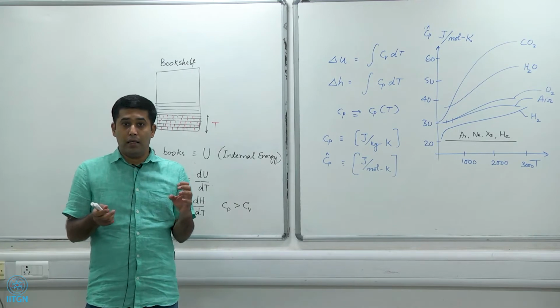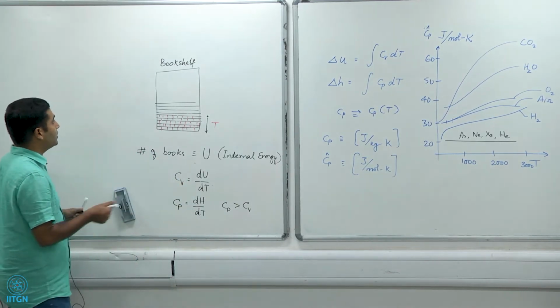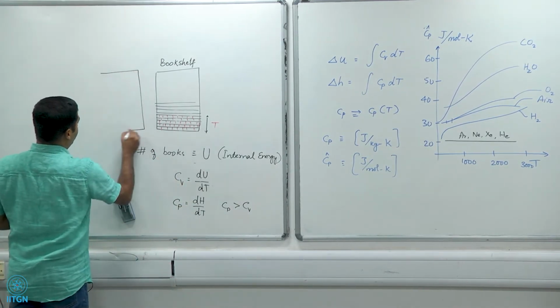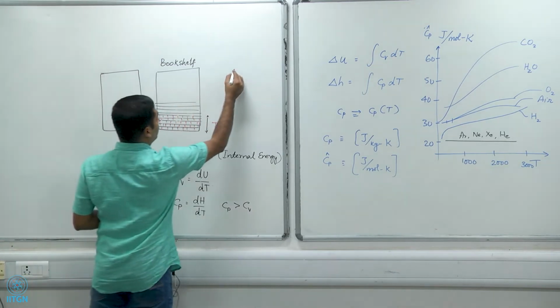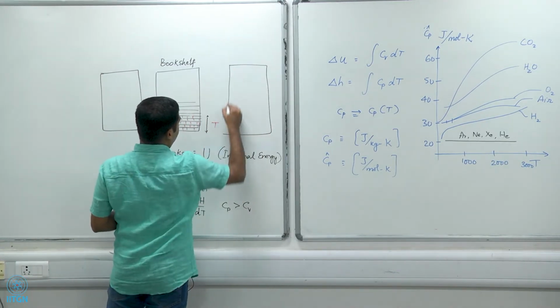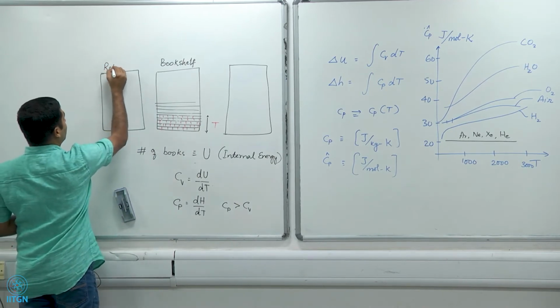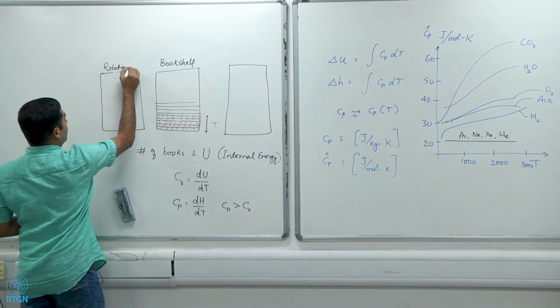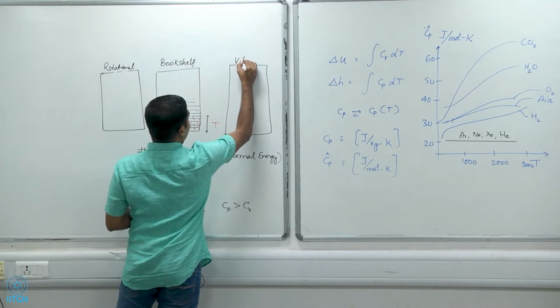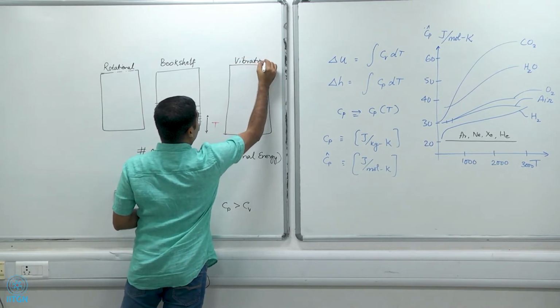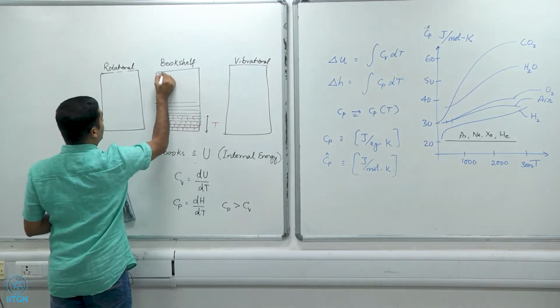Which means what? In the bookshelf analogy, I now have two more bookshelves, one for rotational, one for vibrational, and this being the translational bookshelf.